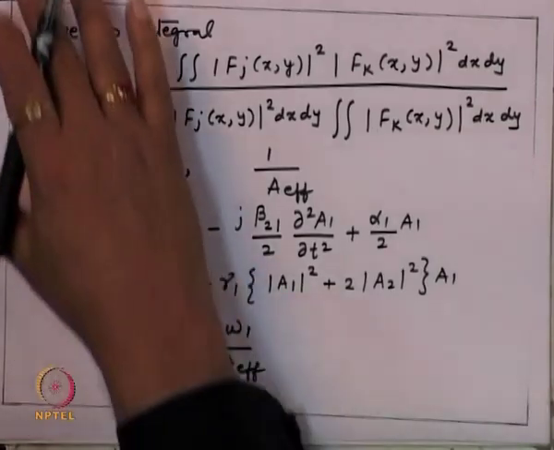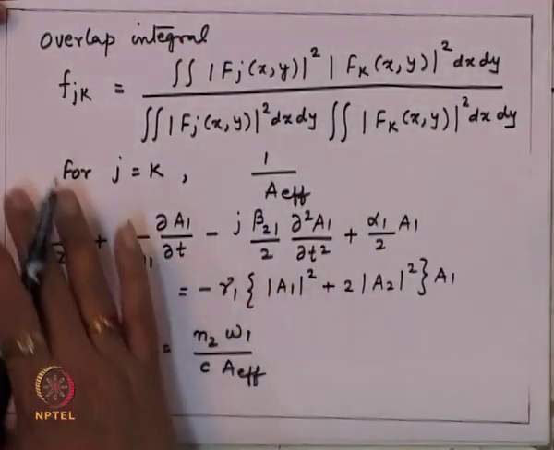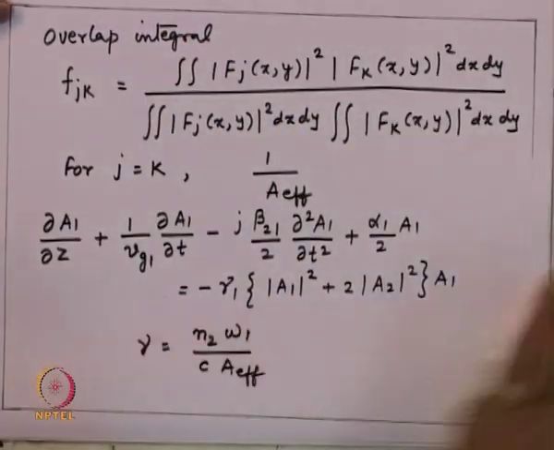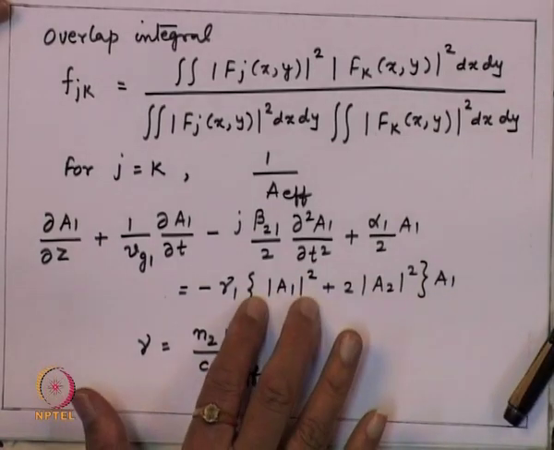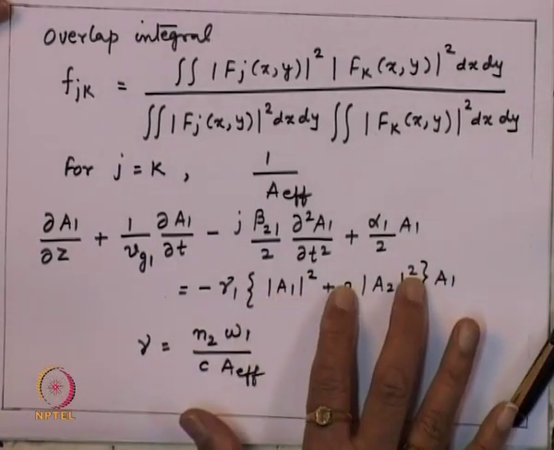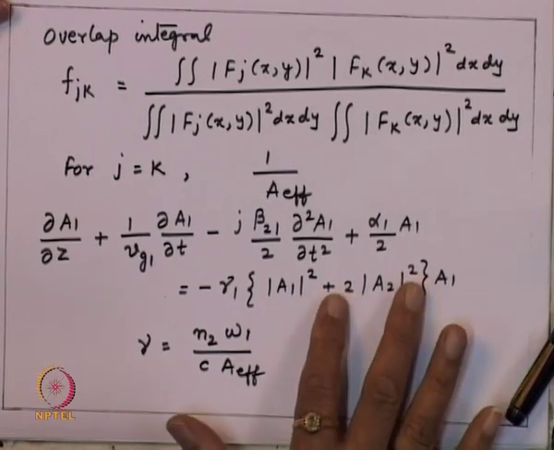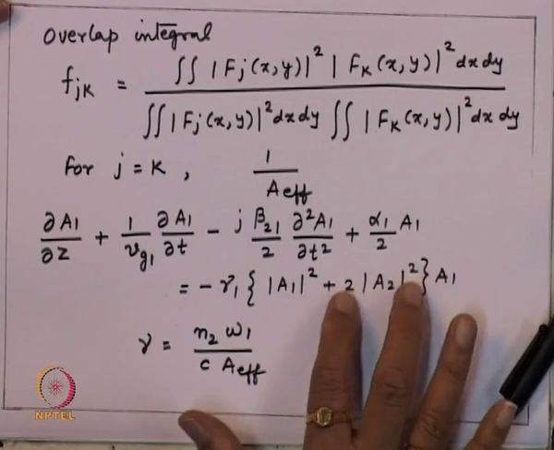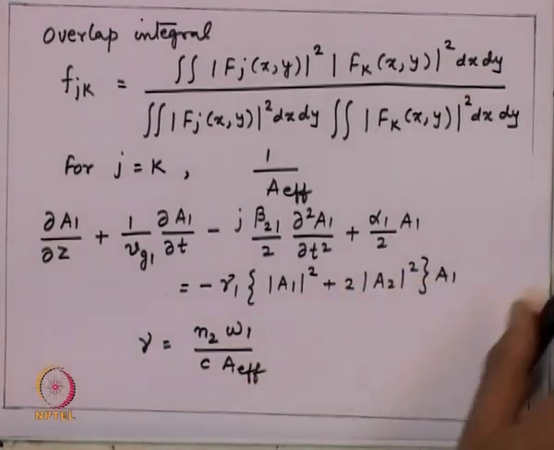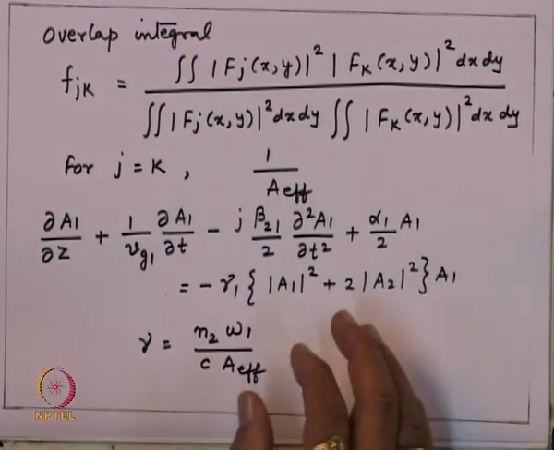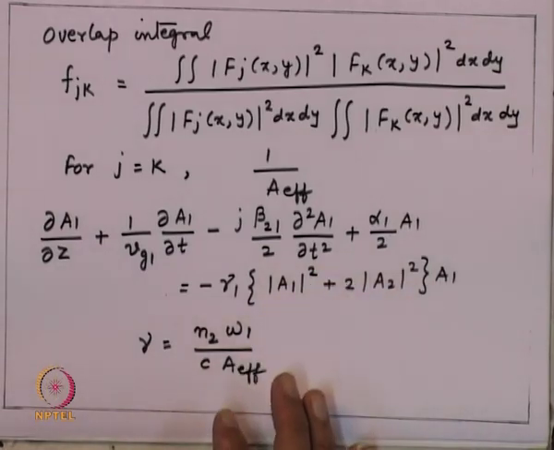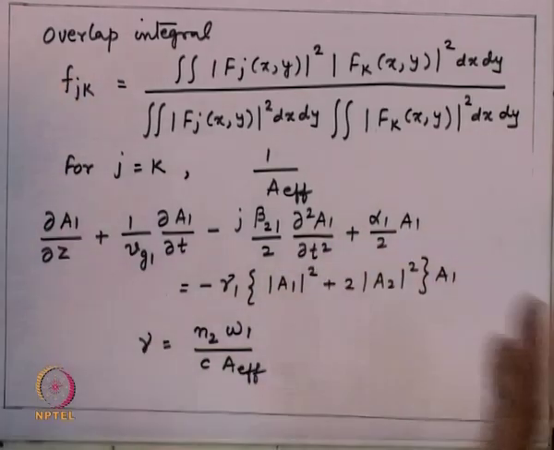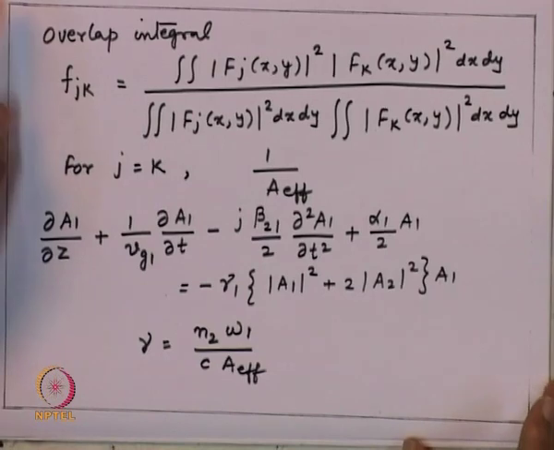So, you see, in the case of XPM, the nonlinear Schrodinger equation has, in addition to the original term, one more term, and depending upon the amplitudes of A1 and A2, this term may dominate or that term may dominate. So, one can ask what will happen when the signals start propagating.